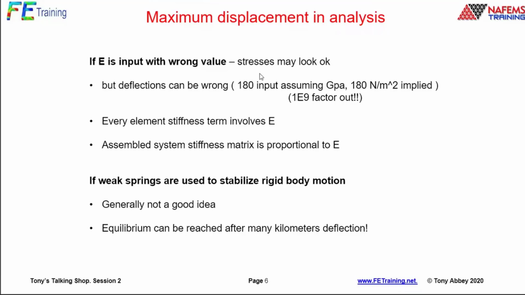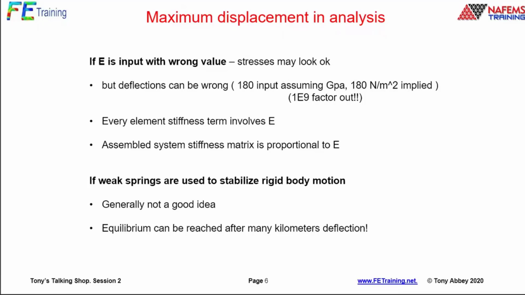A typical thing is if we use gigapascals, thinking of European units for a moment. If you think that the input box in your preprocessor is demanding gigapascals for Young's modulus for steel, so you put in 180, in fact it's actually requiring fundamental units.